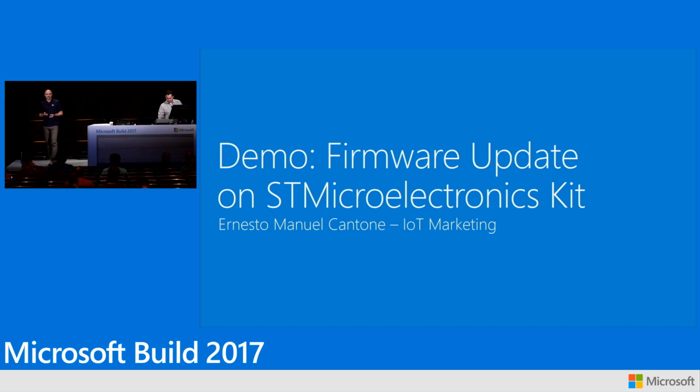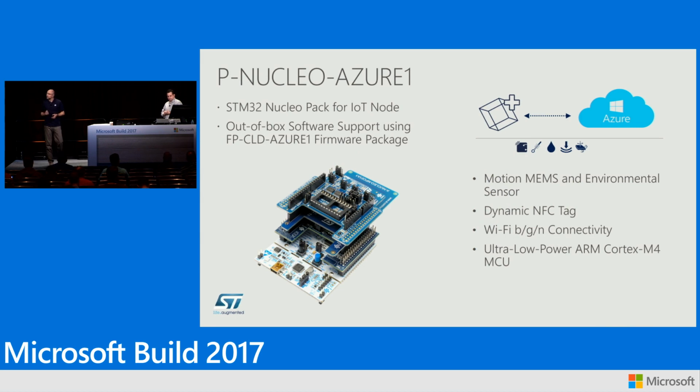We also have analog and RF connectivity products. What we're showing today is our development kit to connect to Azure Cloud, and it's called P-Nucleo Azure One. This is the kit that Juan is connecting right now to his laptop. And there's a light here, so that proves that it's really IoT, and it's live, and I hope it works. Thank you.